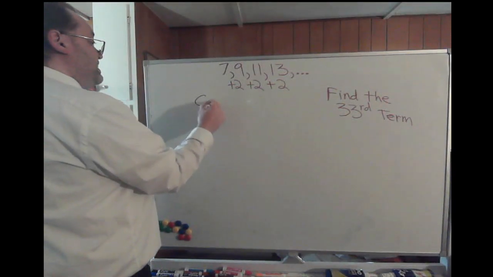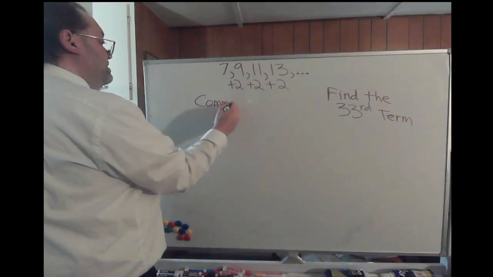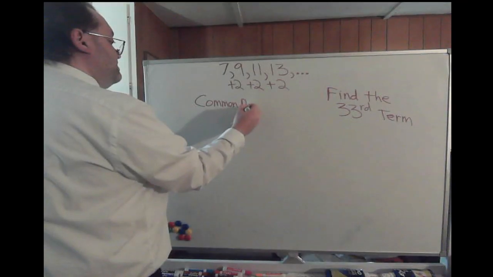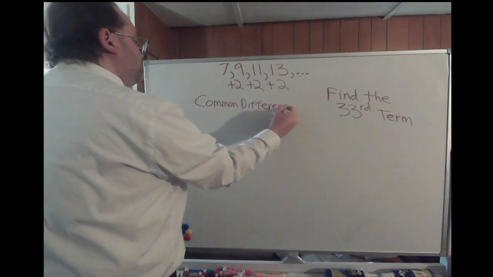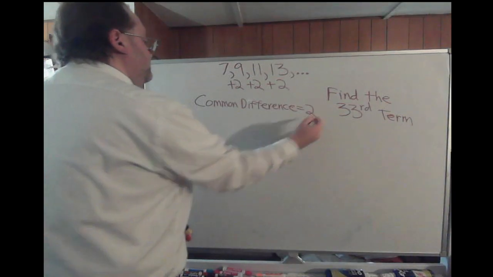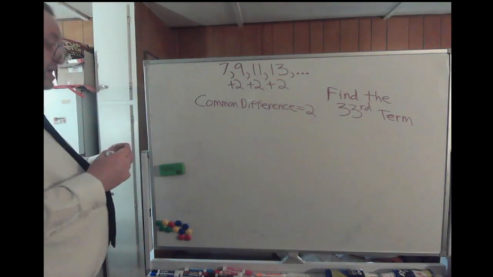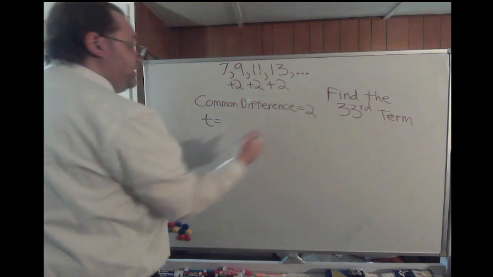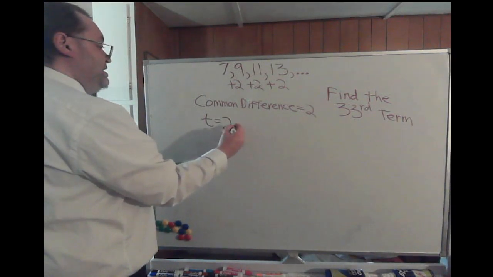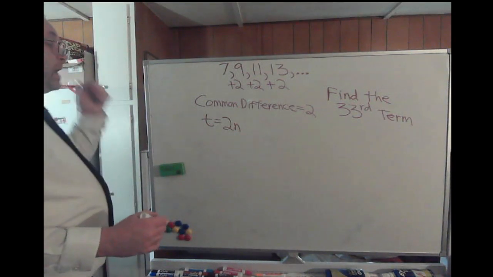So it's safe to say that your common difference is 2. Now to get the term itself, you're going to take that common difference, 2, times the number of the term you're on.